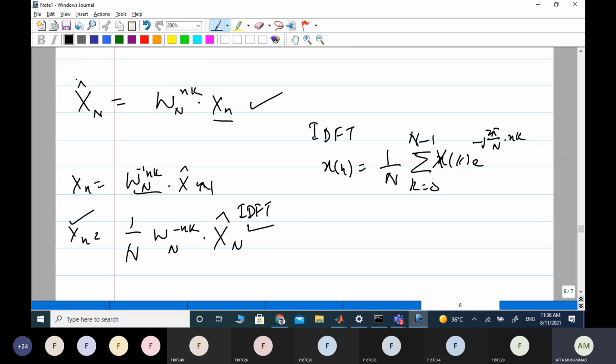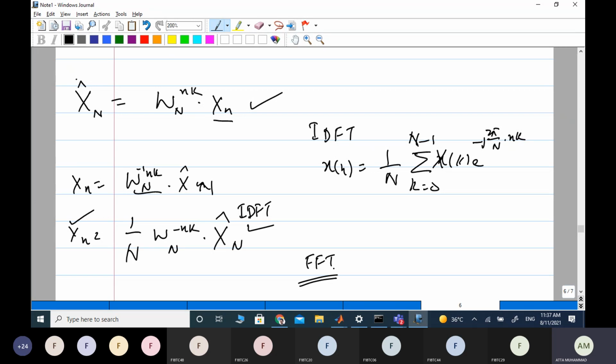It is very complex by using the definition, but we will see in coming lectures. If we change its orientation, if we divide its even and odd parts recursively, and by dividing even and odd we just end up with one value and we sum them up, then we can get the same result, but the computations are significantly reduced, and that method is called FFT, fast Fourier transform, right?